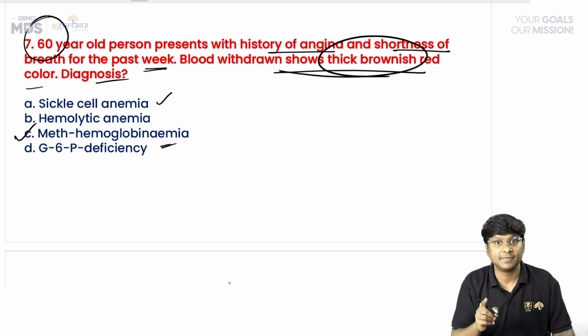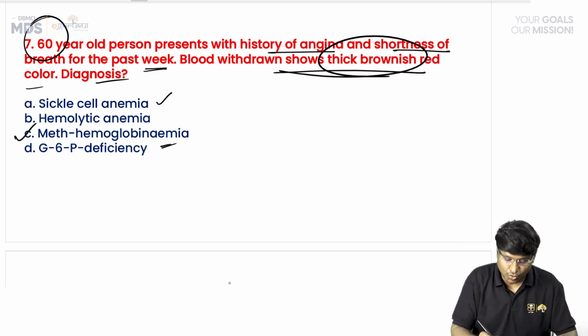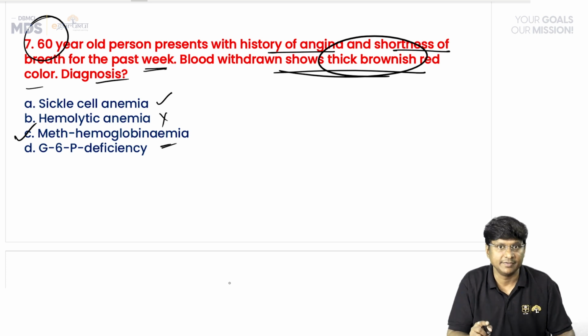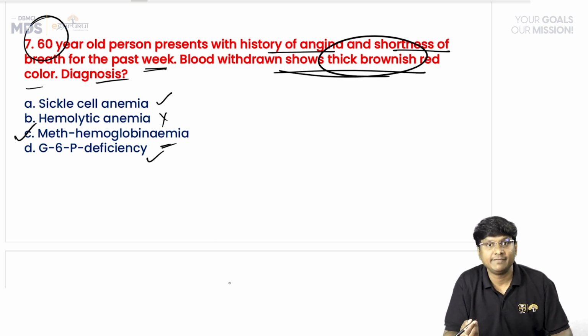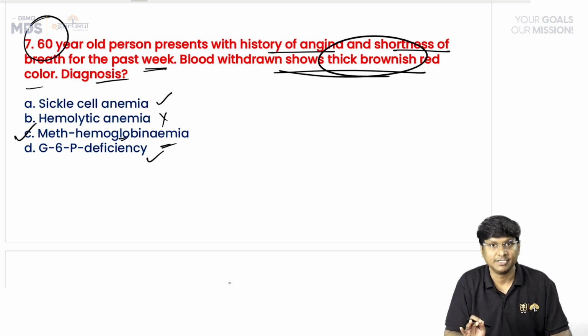Hemolytic anemia will cause pallor, and you don't have brownish discoloration of the blood. G6PD is an intravascular hemolysis where the individual will have hemoglobinuria and black color urine. So by exclusion, the answer is methemoglobinemia.